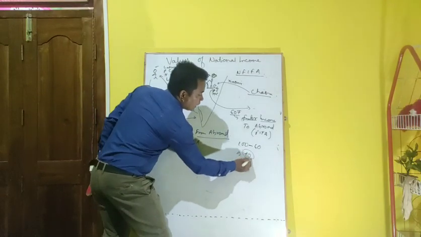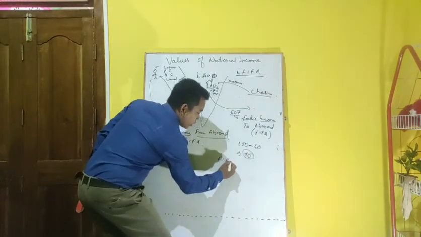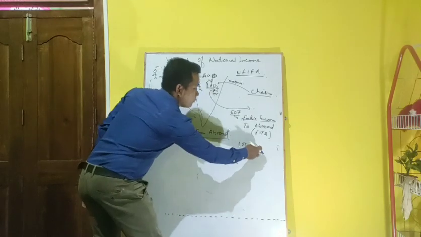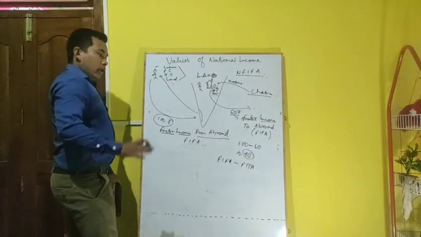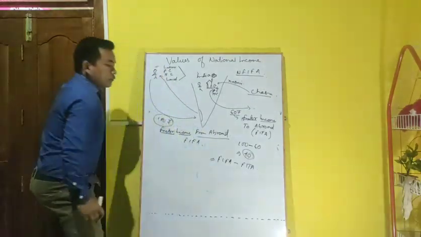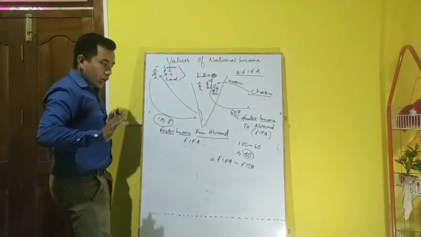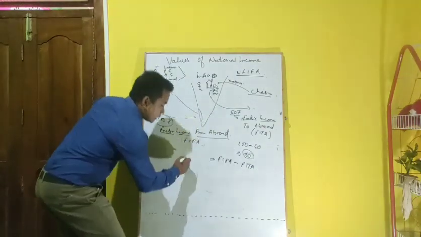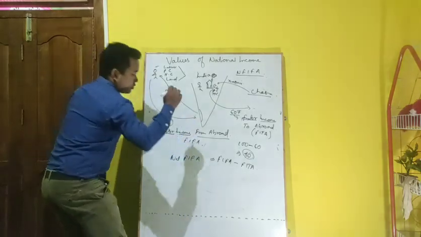What is this 40 rupees? 40 rupees is the difference between FIFA, which is rupees 100, minus FITA, which is rupees 60. This difference between FIFA and FITA, 40 rupees, is beneficial for us. This 40 rupees is known as net factor income from abroad, NFIA.